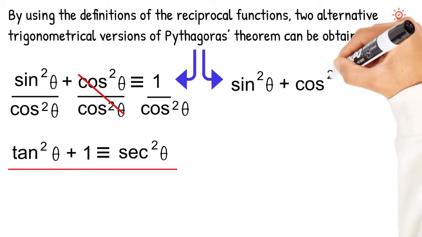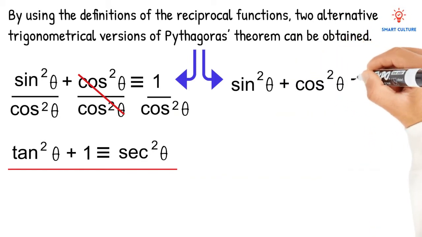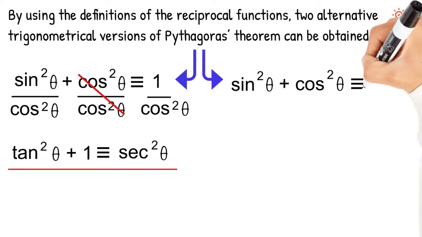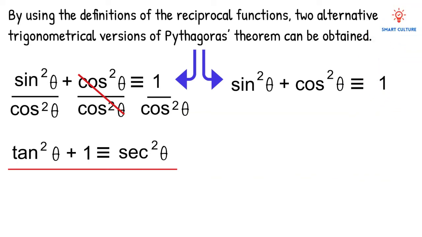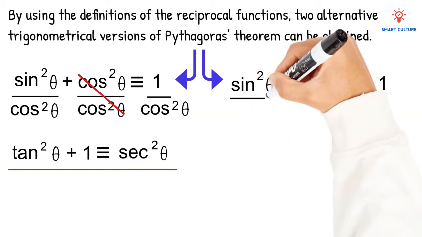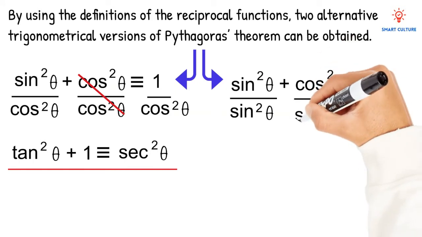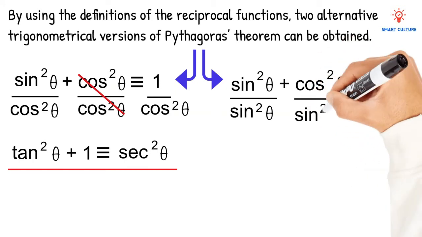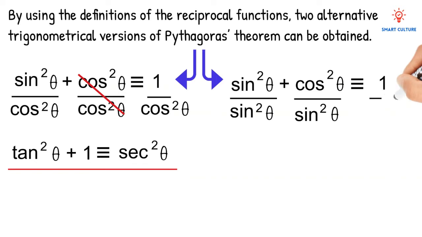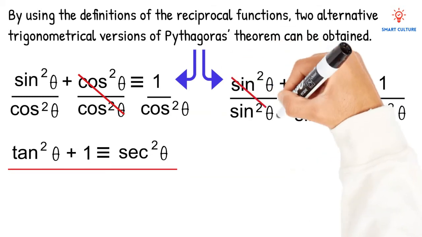So in this case, we'll divide both sides by the sine of theta squared. Let's start. Sine of theta squared divided by sine of theta squared plus cosine of theta squared divided by sine of theta squared is equivalent to 1 over sine of theta squared. So sine of theta squared divided by sine of theta squared will be equal to 1.